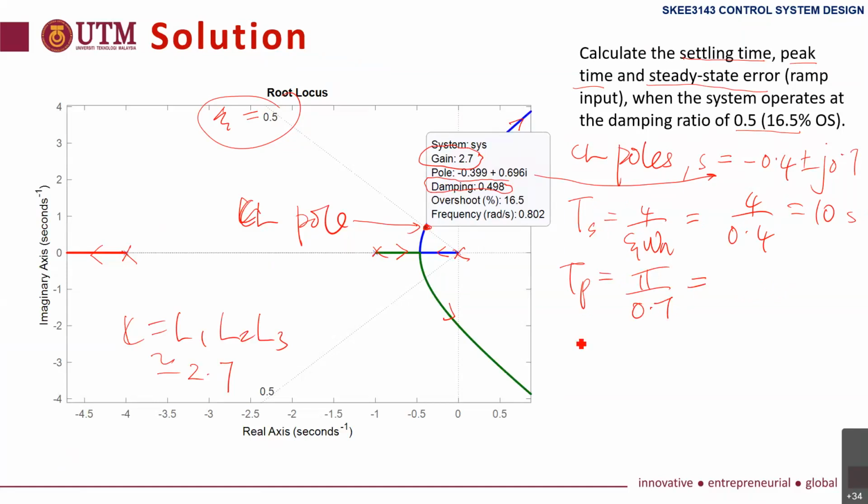And also we want to find the steady state error. Remember, error is mentioned here for ramp input. It is the limit as s goes to 0 of s times E(s). For a ramp input, it is 1 over the limit as s goes to 0 of s G(s).